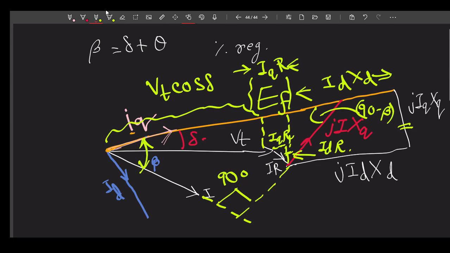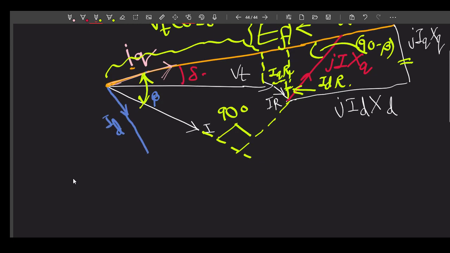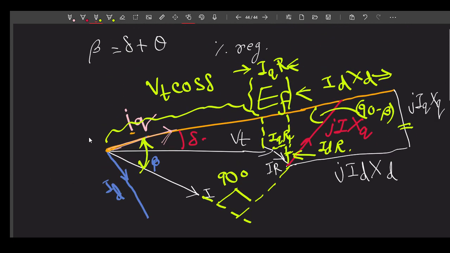So at this moment we are interested to find out beta. For finding out beta, try to understand this triangle.